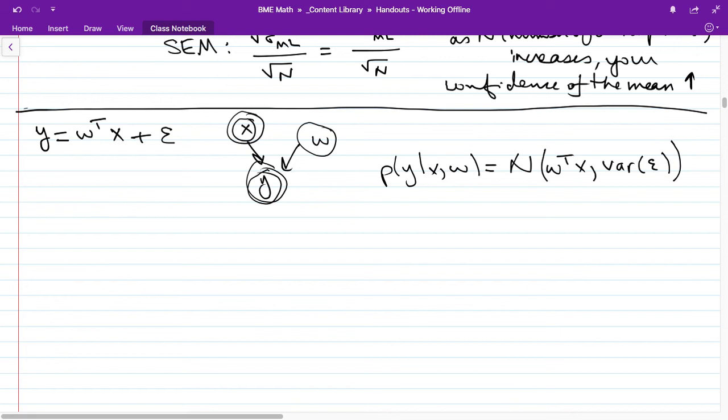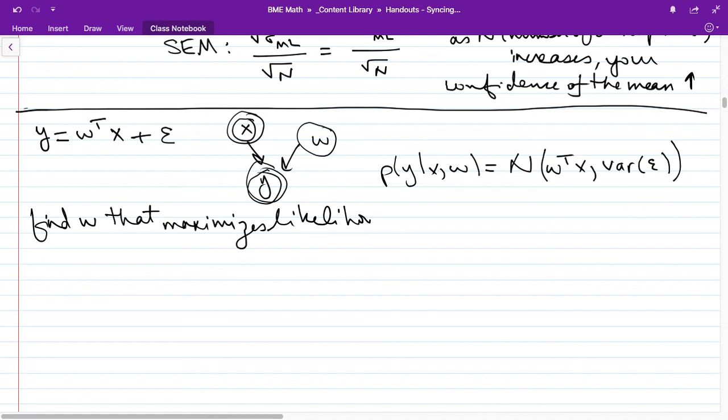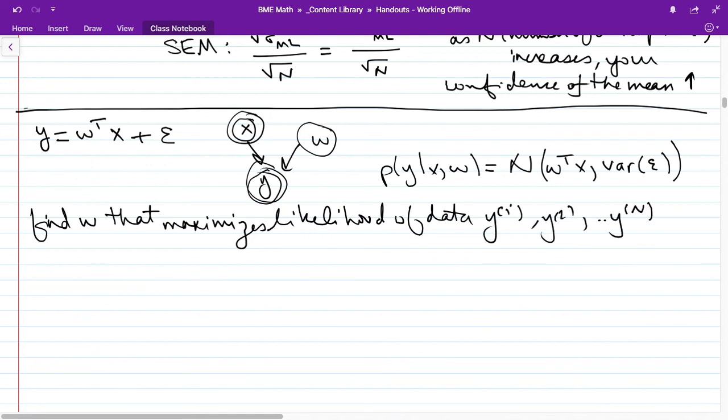So we want to now approach the problem, find w that maximizes likelihood of data y1, y2, up to yn.